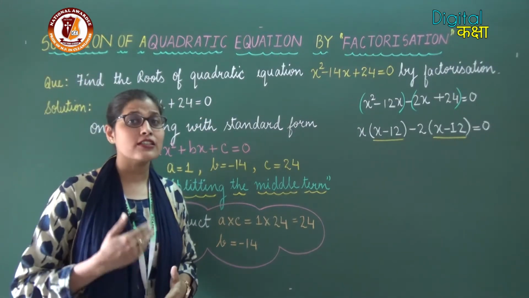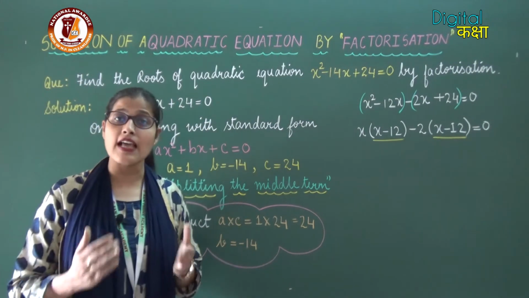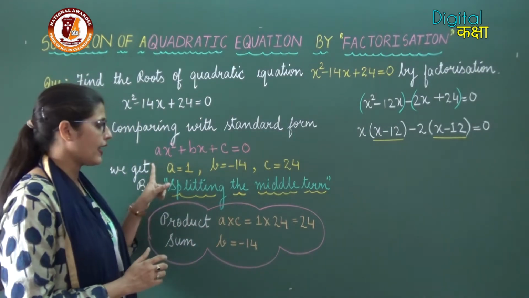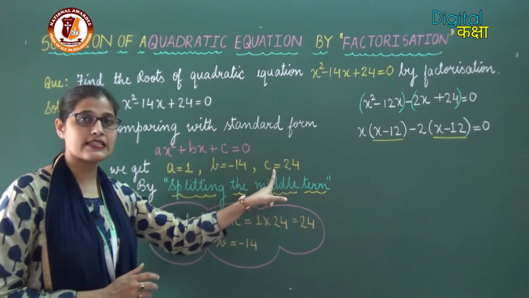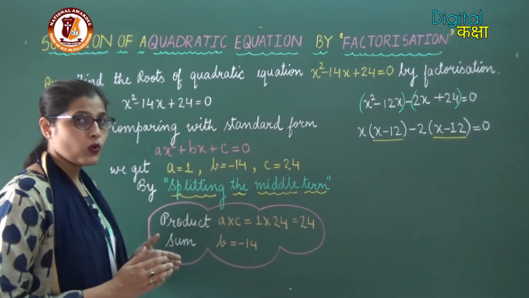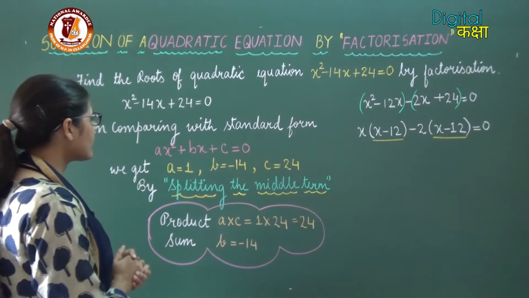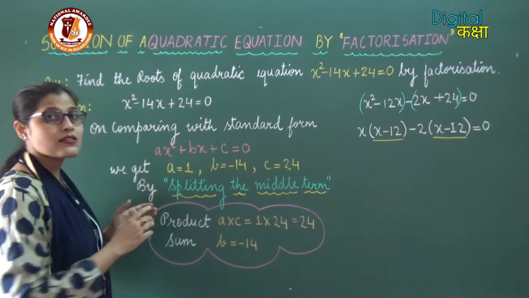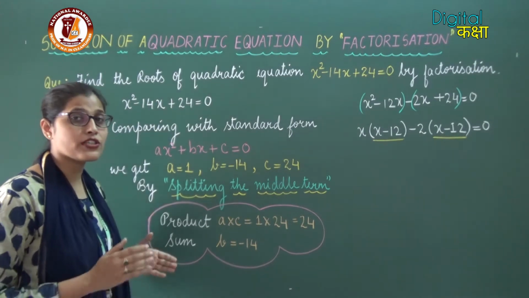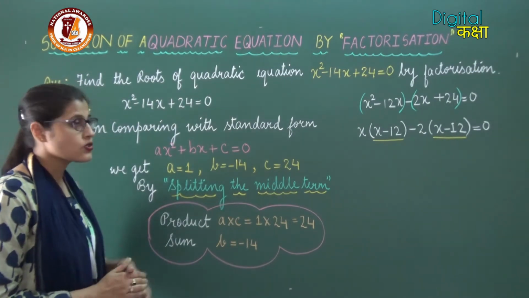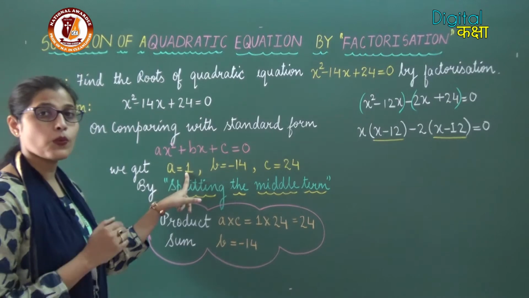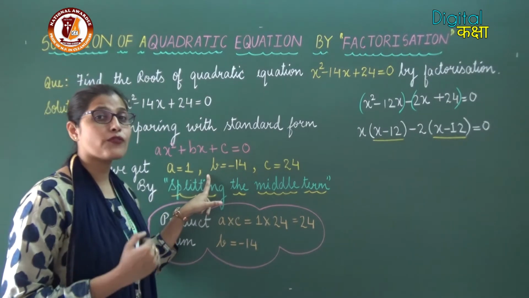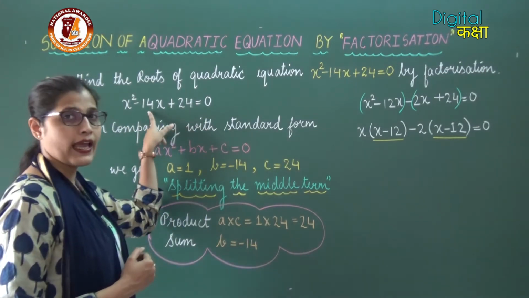On comparing the given equation with the standard form, we will find the values of a, b and c. So, on comparing, we will be getting the value of a as 1, since a is the coefficient of x square. Now b is the coefficient of the variable x.